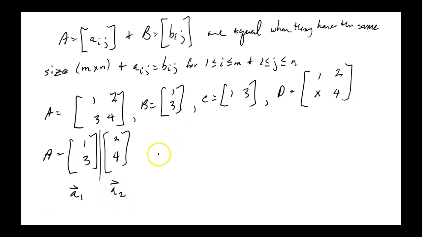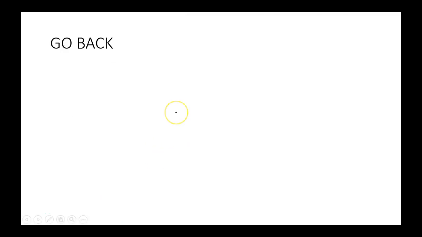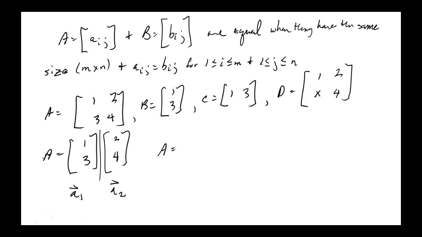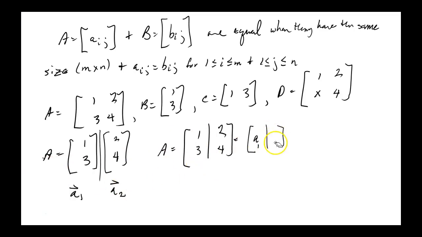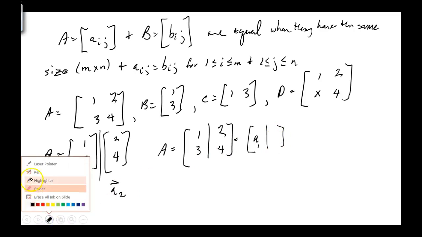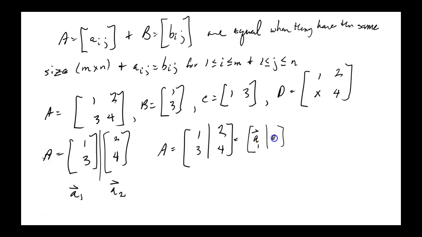So then you could say that matrix A is the matrix made up of 1, 3, partition 2, 4, which you could say is A1 partition A2.